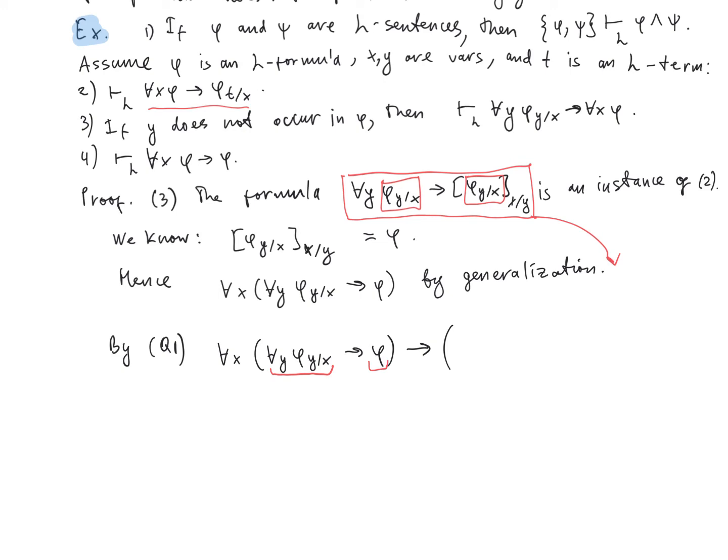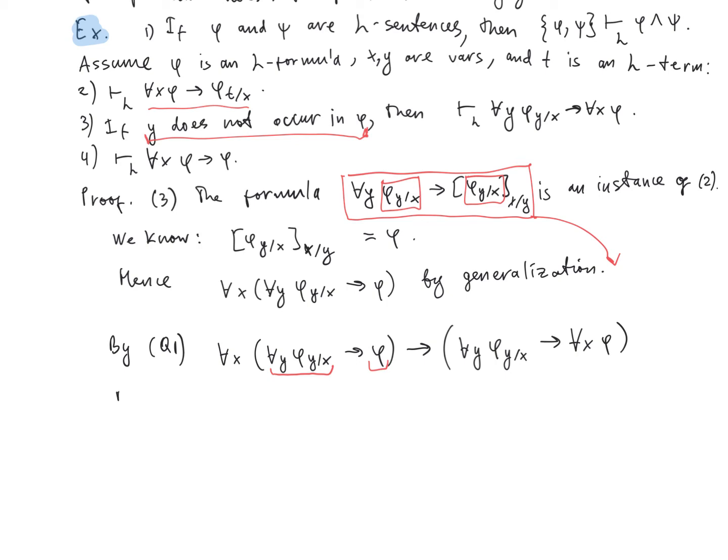So then this implies that for all y, phi with y substituting x, implies for all x, phi. And note that here it is important that y does not occur in phi.